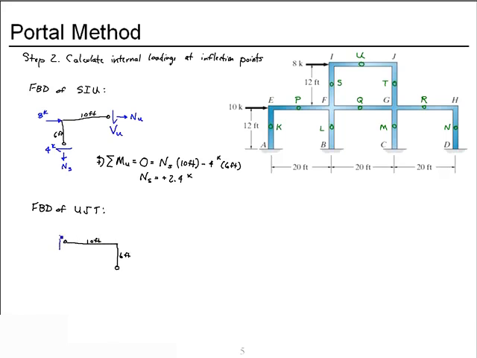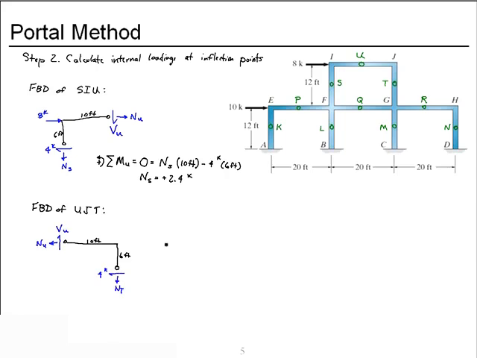We have unknown shear at U, unknown normal at U. We know that our shear at T is a positive 4 kips. We have an unknown normal at T.